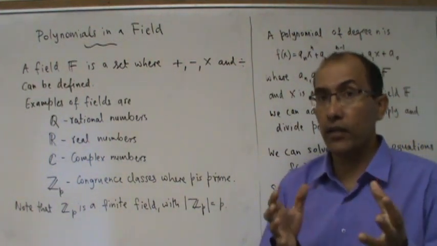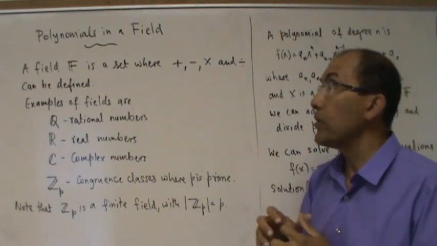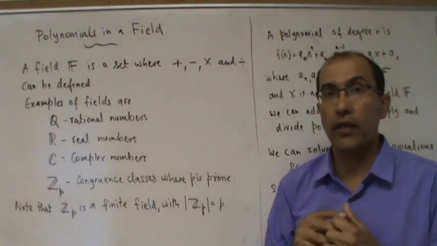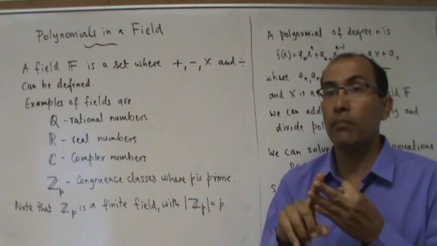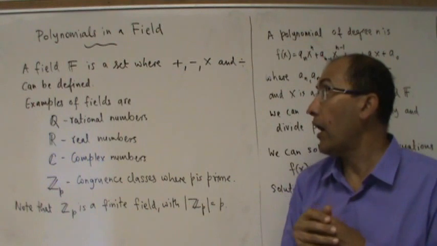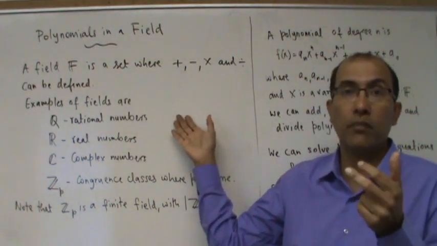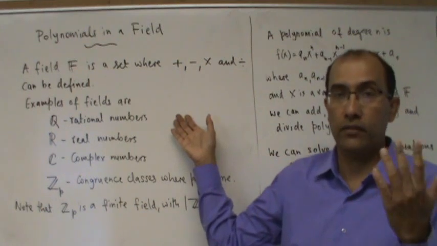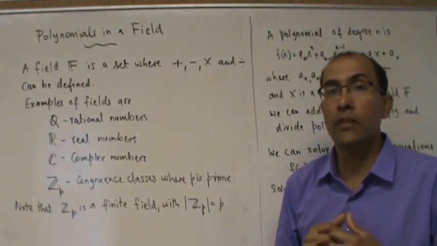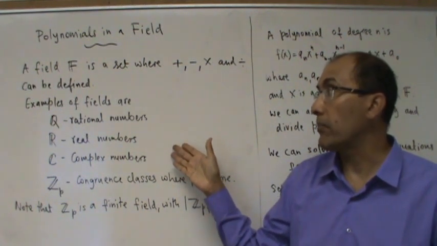Let me define what a field is first. A field is a set where we can do our basic operations, where we can add, subtract, multiply and divide. Examples of fields are of course the rational numbers. I can add to any rational number, subtract, multiply, divide, subject to not dividing by 0. Same with the real numbers and complex numbers.